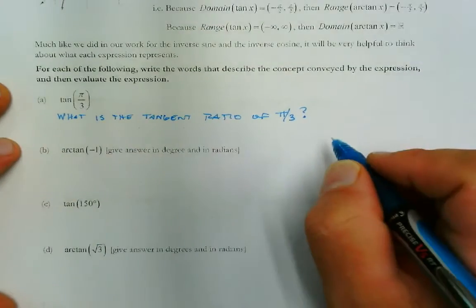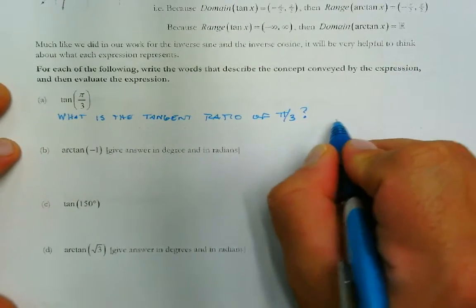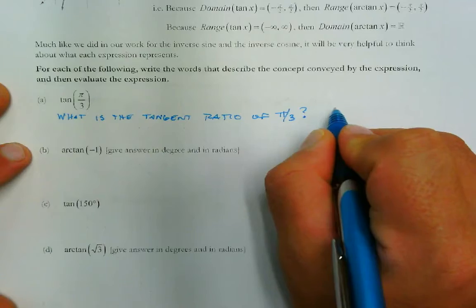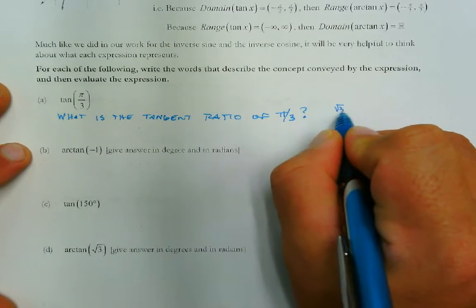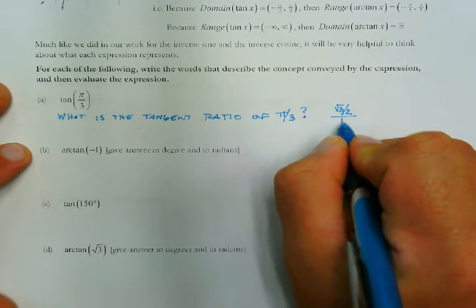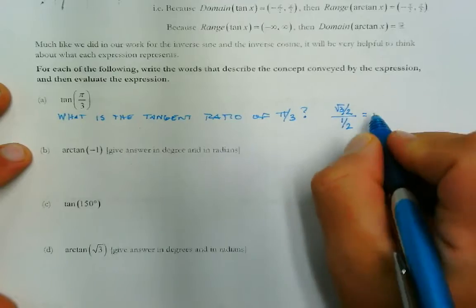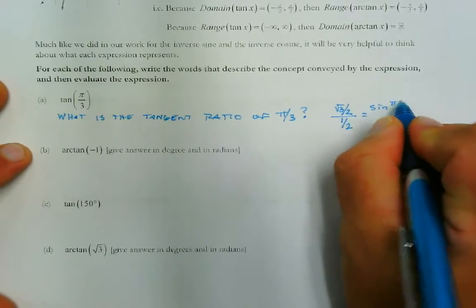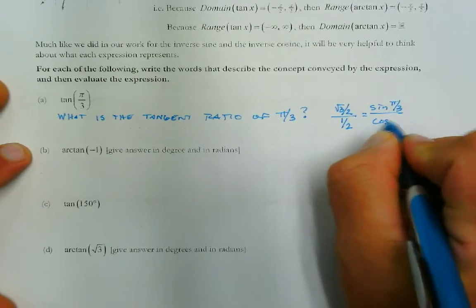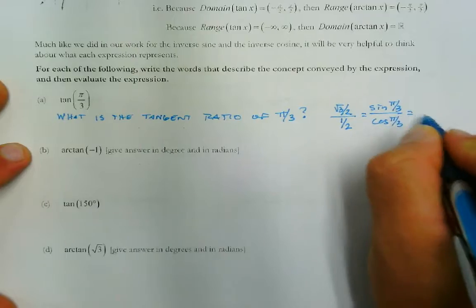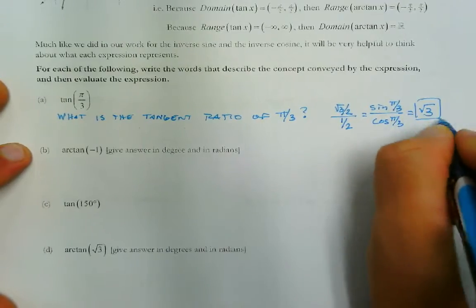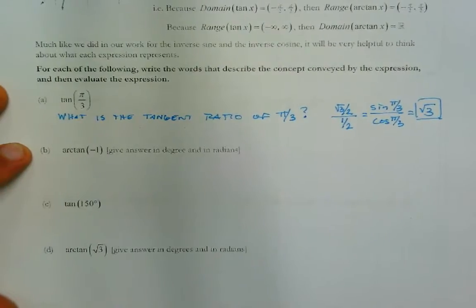The answer is the square root of 3 over 2 divided by 1/2, because that is the sine of pi over 3 divided by the cosine of pi over 3, which simplifies to the square root of 3.